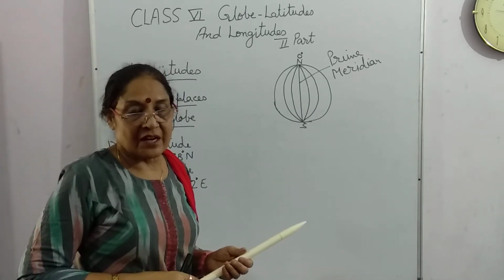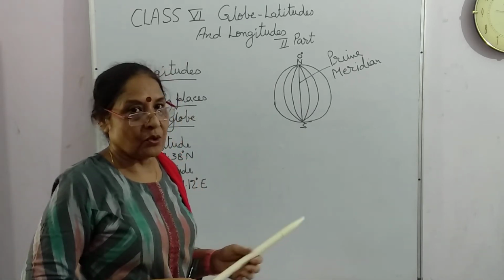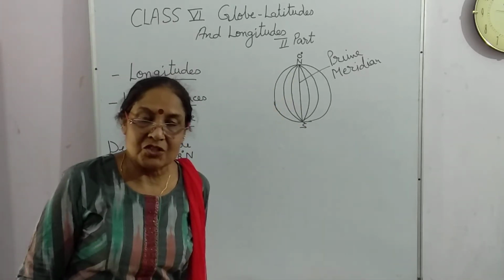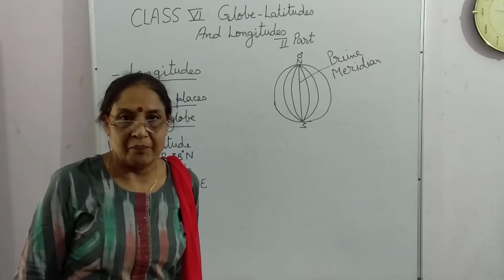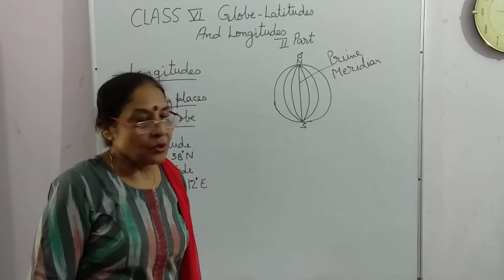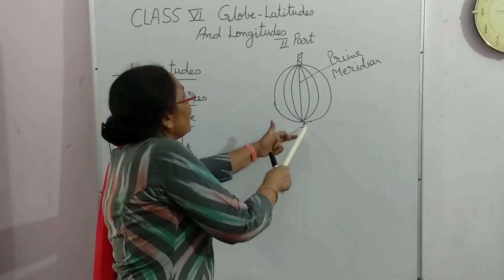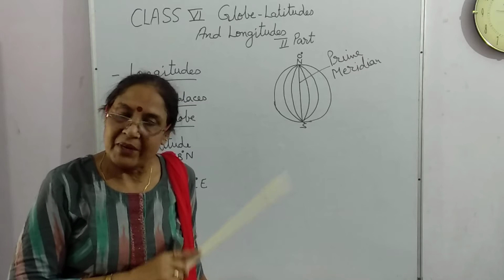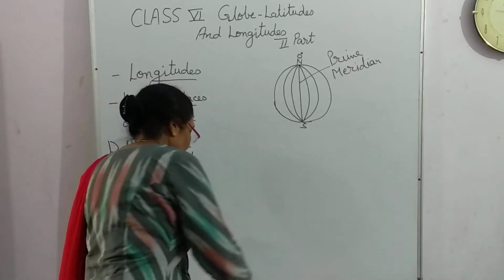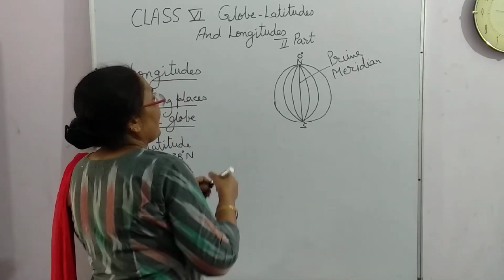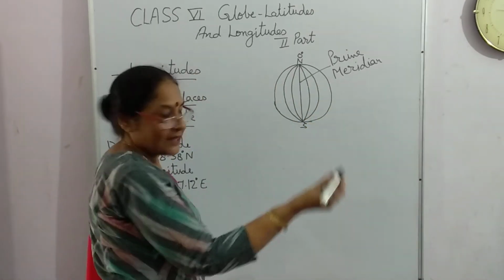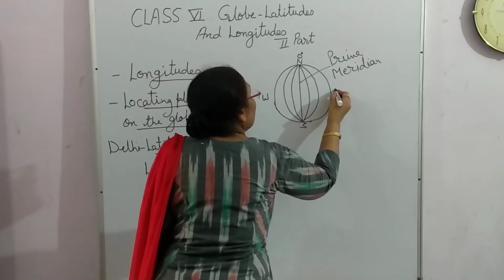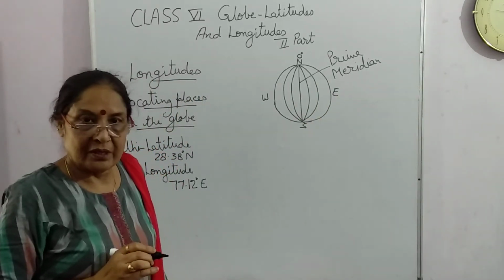So it was a tough task for geographers to decide which meridian is considered 0 degree, the prime meridian. Ultimately geographers chose the meridian which passes through Greenwich as the prime meridian. Clear to everyone? This prime meridian divides the earth into the western hemisphere and the eastern hemisphere.